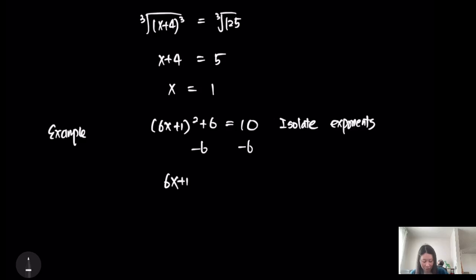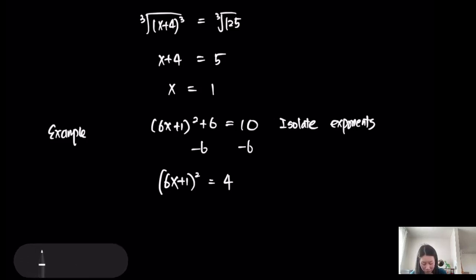I have (6x + 1)² = 4. And now you can take the even root, which is the square root, on both sides. When you take the square root on both sides, we need to be careful because you will end up with two equations or two solutions.